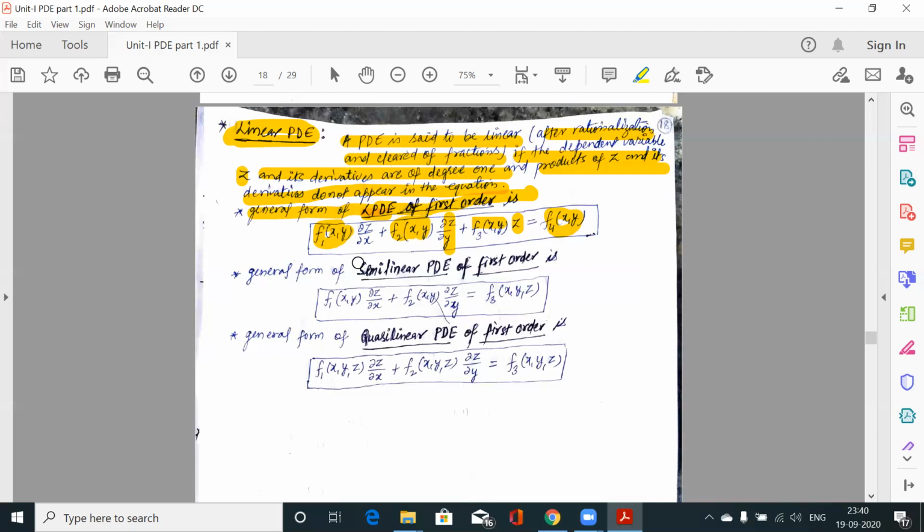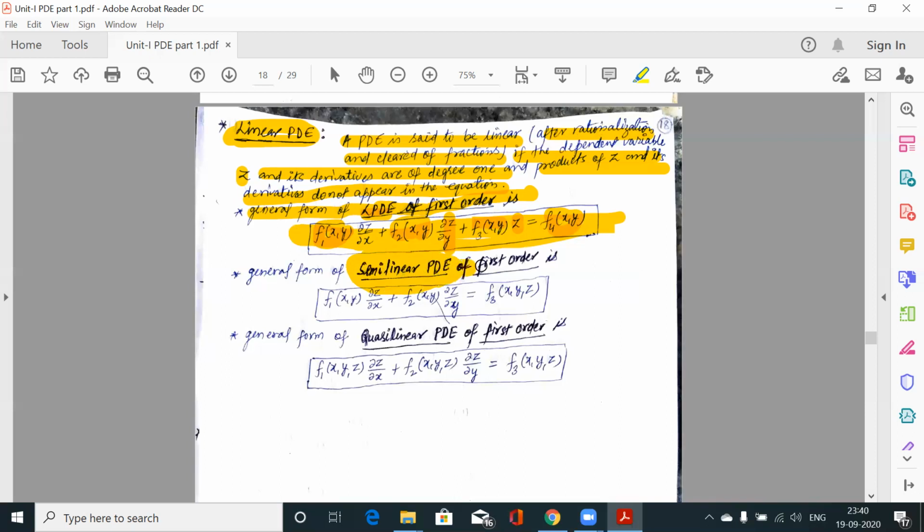If suppose F1 contains z, that means we are multiplying z with del z over del x, meaning the degree would be more than 1. So no coefficient in this equation can include z. So this is the general form of LPDE of first order. Now this is linear PDE of first order. We have another term, semi-linear PDE.